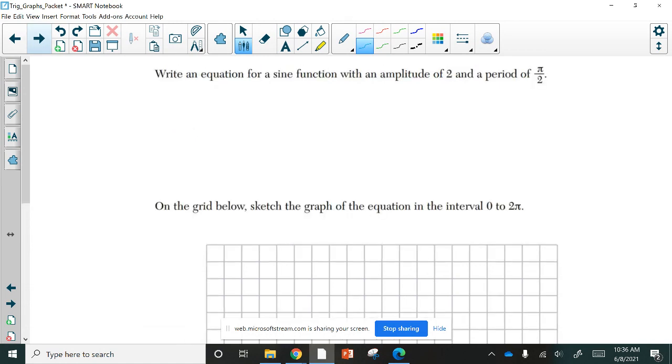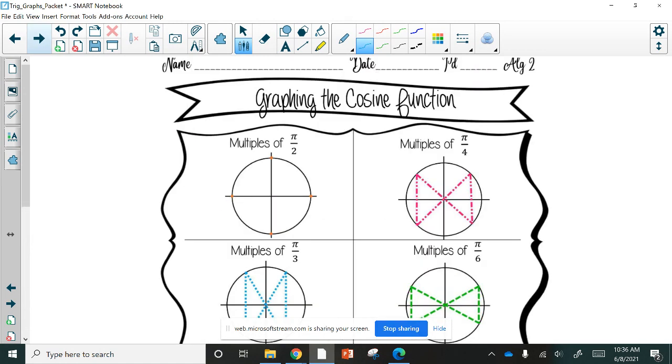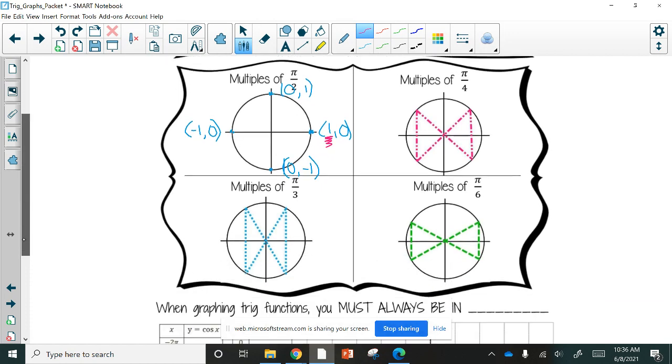I want to show you guys cosine. The only difference here, so remember these values, 1, 0, and 0, 1. Remember, cosine goes with the x-coordinate. Okay? Cosine goes with the x-coordinate. So we're starting, when our angle is 0, our x-coordinate is 1.